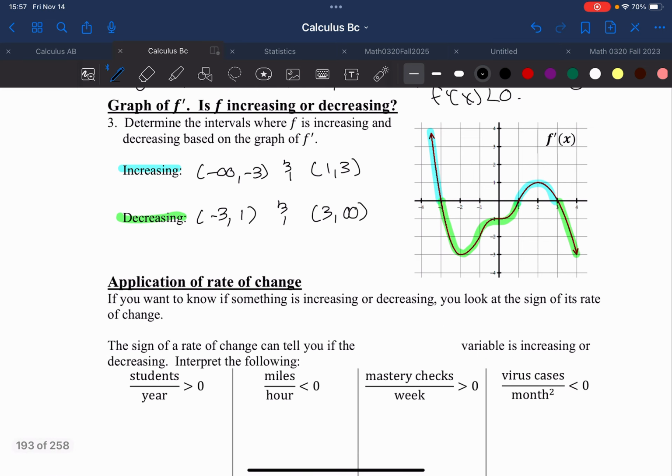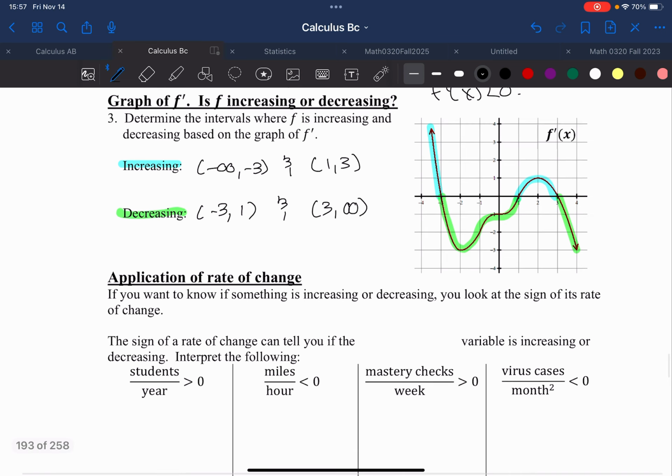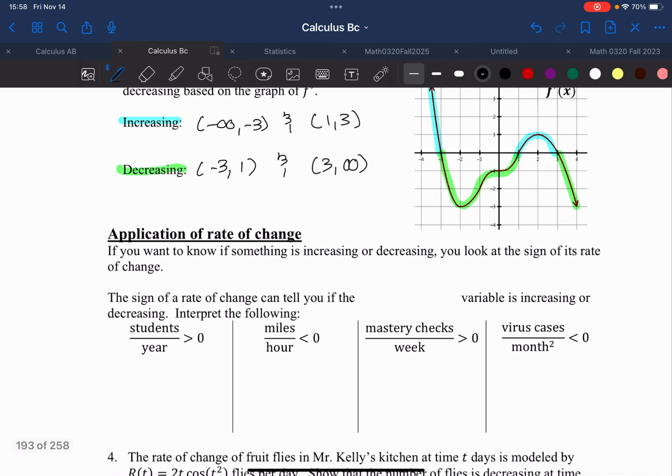And then last part here says application of rate of change. It says if you want to know if something is increasing or decreasing, you look at the sign of its rate of change. The sign of the rate of change can tell you if the dependent variable is increasing or decreasing. Interpret the following. Each of these are rates of change: students per year, miles per hour, mastery checks per week, and virus cases per month squared.